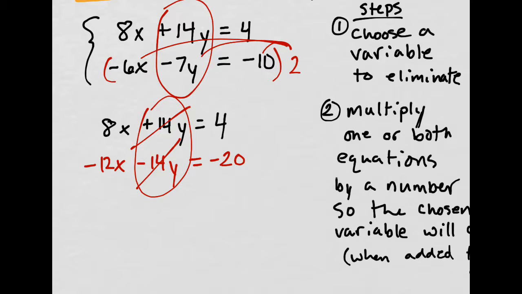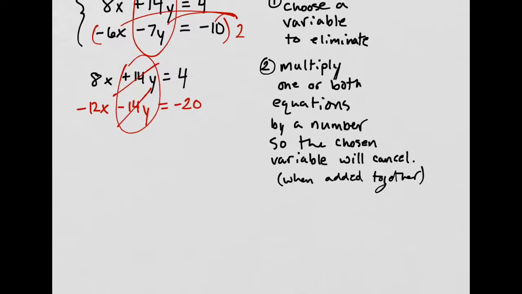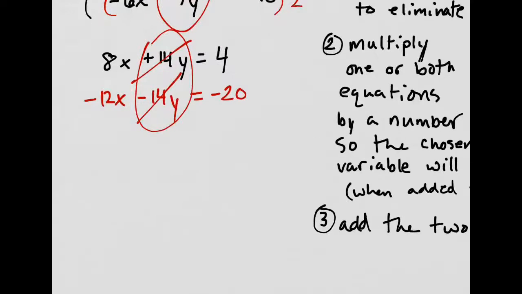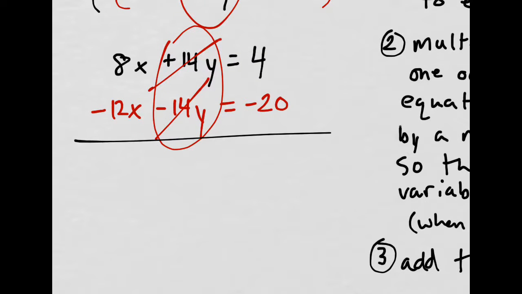So the next step is to add the two equations. Here I have 8x plus a negative 12, that's negative 4x. And I have negative 20 plus 4, or 4 plus a negative 20, that's negative 16 equals negative 16.